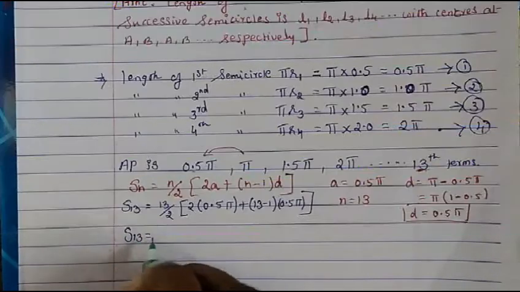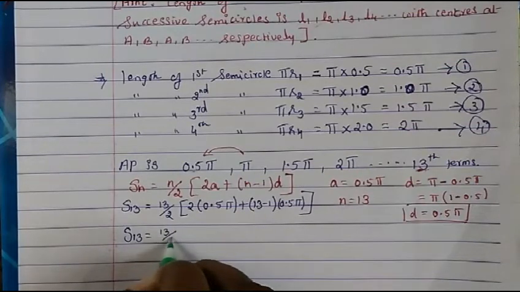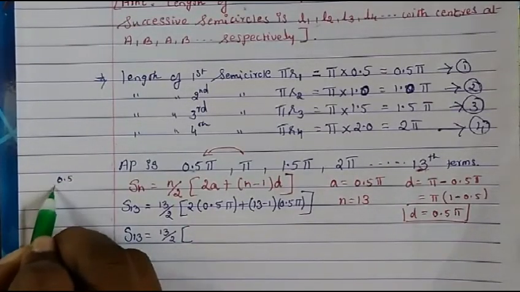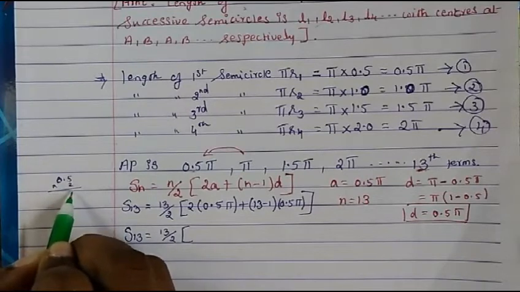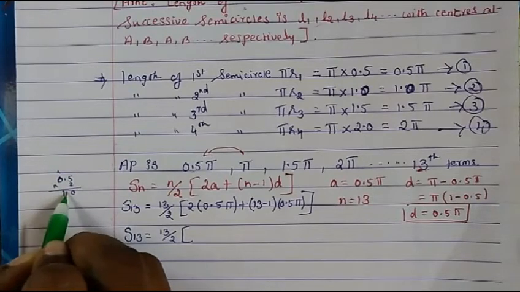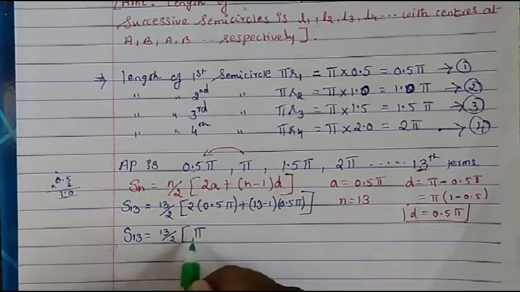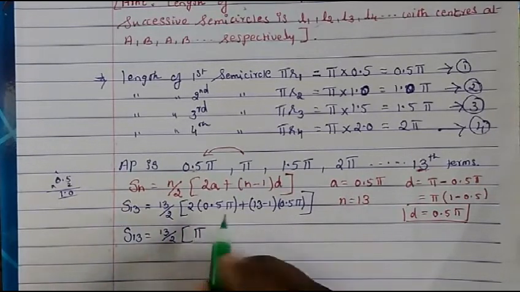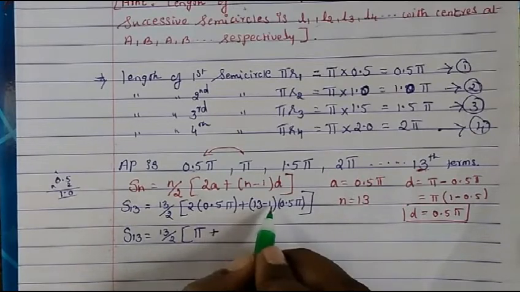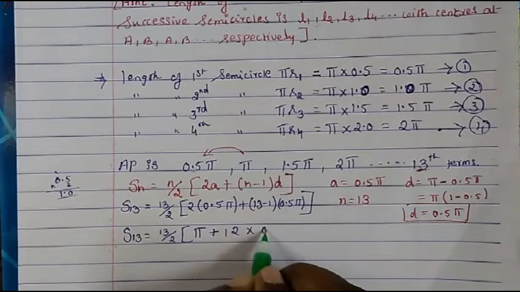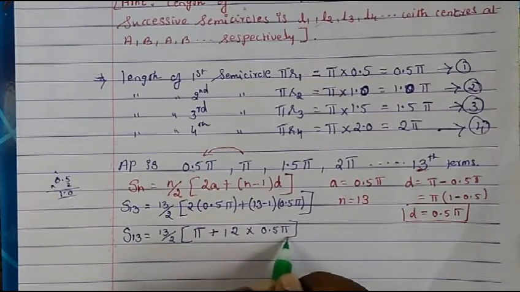Now when we multiply 2 with 0.5, we get 1, so that means 1 pi. We'll write it as pi only, because instead of writing 1 pi, we can write pi. Now plus, 13 minus 1 will give 12, multiplied with 0.5 pi.